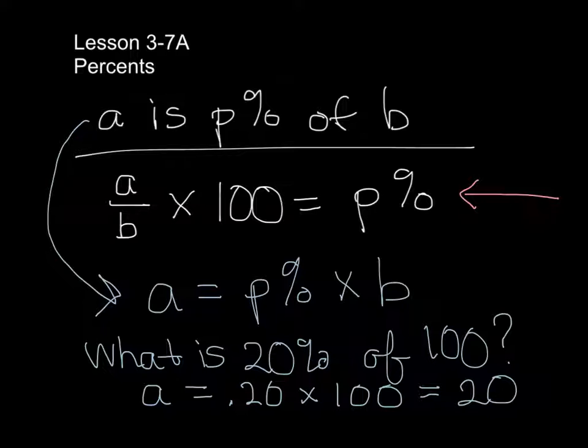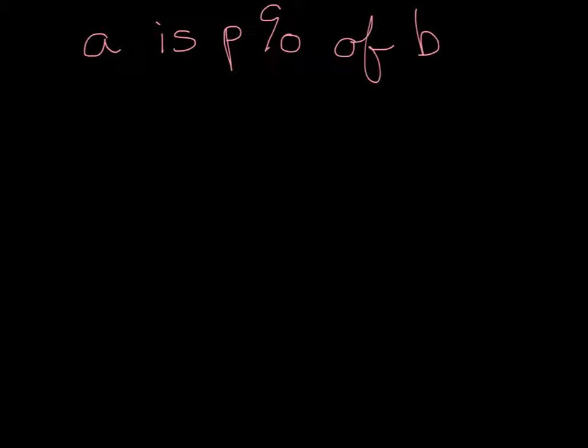That was a really simple one, so we'll do a few more just to make sure that you have the right idea here. Okay, I rewrote A is P% of B up at the top, and if you memorize that and keep that in your head, a lot of these will be pretty easy.